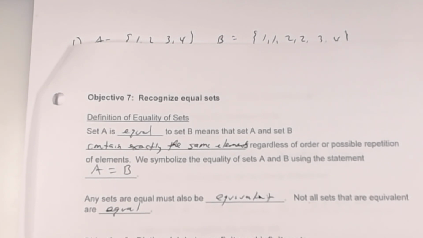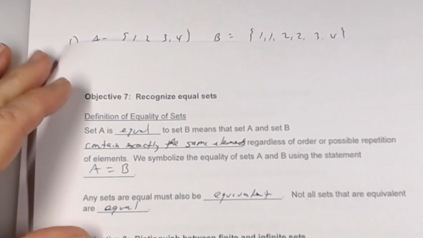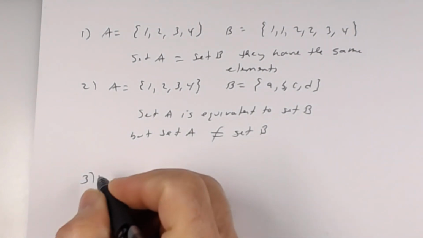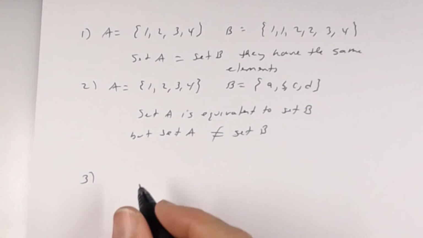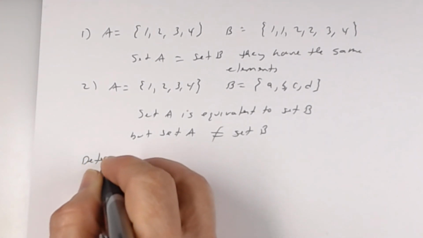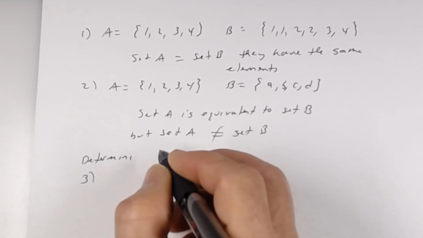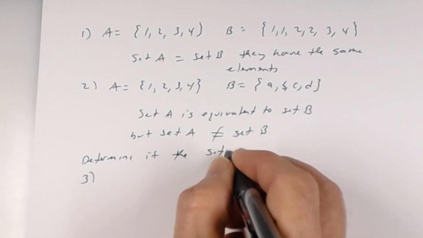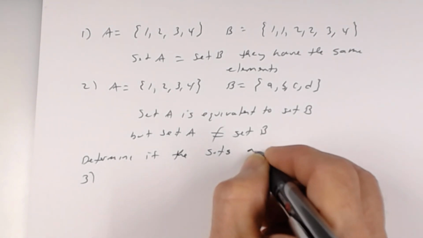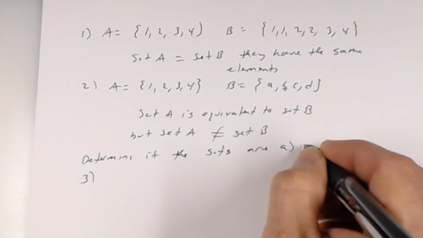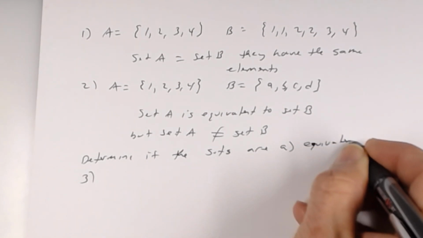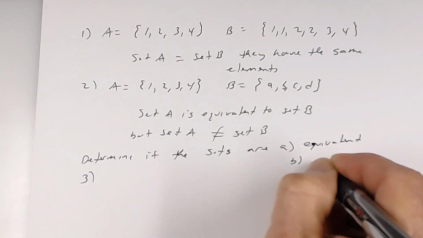Okay? All right, so let's do another example. So this will be number 3. Let's suppose in number 3, the directions will be: determine if the sets are A, equivalent, and B, equal.